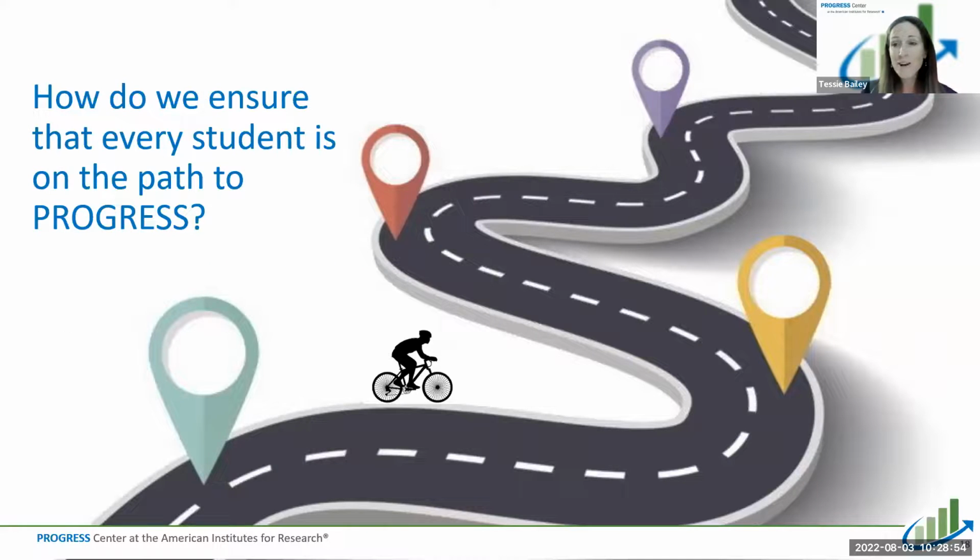And so I'm going to focus really on how we ensure that every student is on the right path to progress. You'll notice that we don't really define progress in our work because it is, in a sense, dependent upon your local context and your students. But in general, we have some accepted ways of looking at progress for students. If you look at the regs, we talk about academic achievement as well as functional performance.